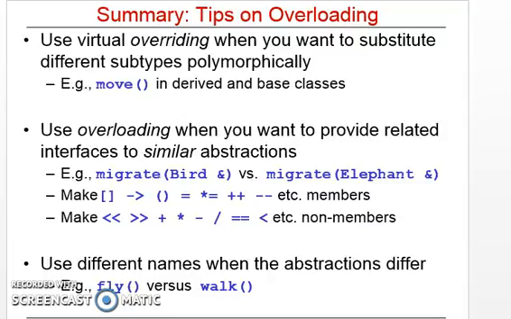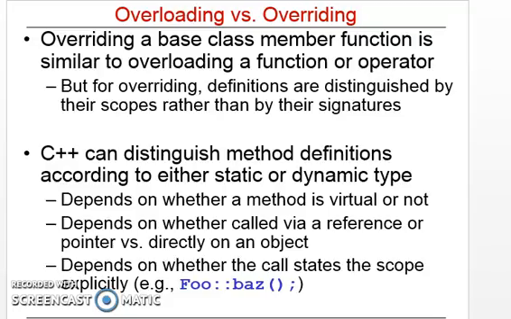Before we conclude, let's look at overloading versus overriding. Overriding a base class member function is similar to overloading a function or operator, but for overriding, definitions are distinguished by their scopes rather than by their signatures. So which class does the function belong to? Based on that, overriding happens. C++ can distinguish method definitions according to either static or dynamic type.